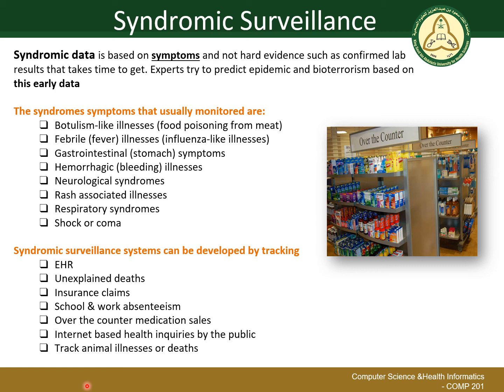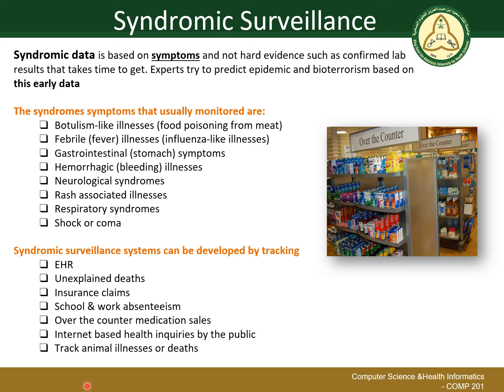gastrointestinal disease outbreak in Milwaukee in the United States in 1993. And that outbreak involved over 400,000 people who were eventually traced to the parasite Cryptosporidium in the water supply.